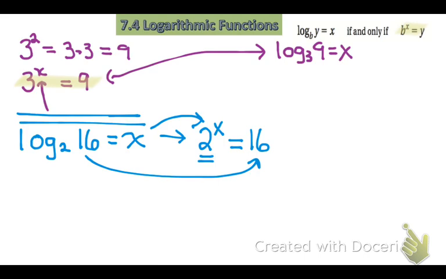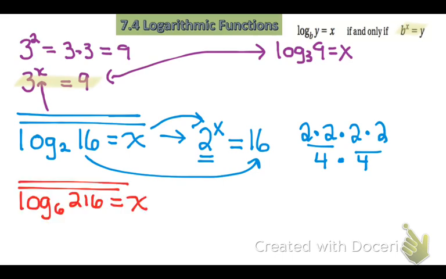So we're asking ourselves what times what times what is going to equal 16. How many times do we have to multiply with a factor of 2? And so x is going to be equal to 4. So if we said 2 times 2 times 2 times 2, that would get me to 16. So x is equal to 4.